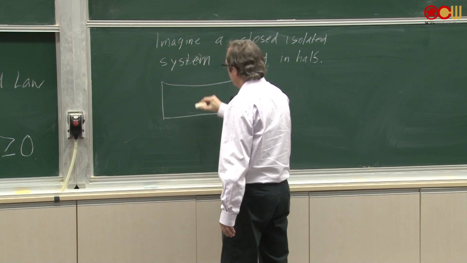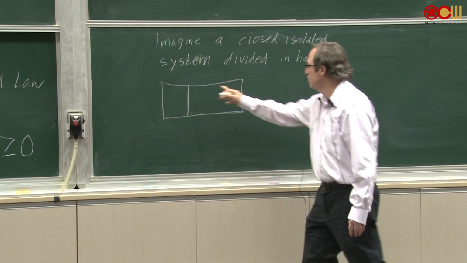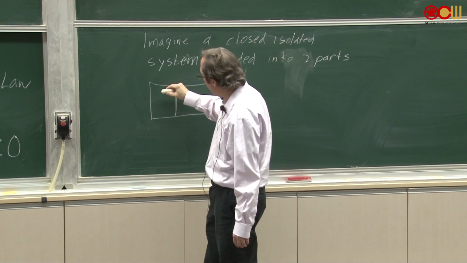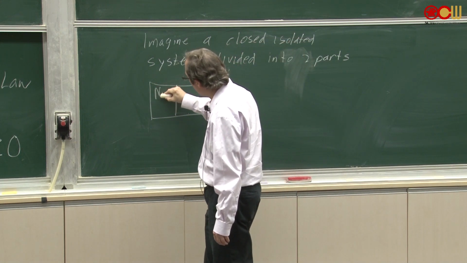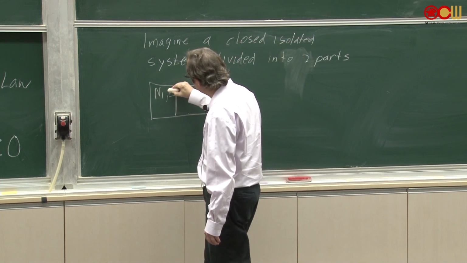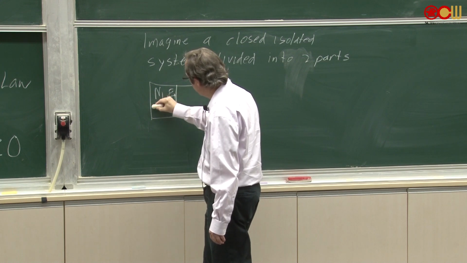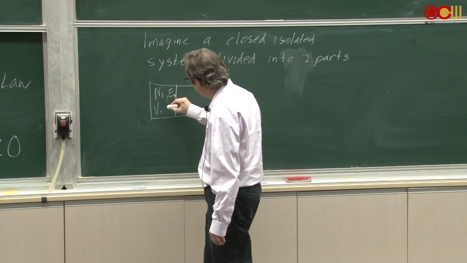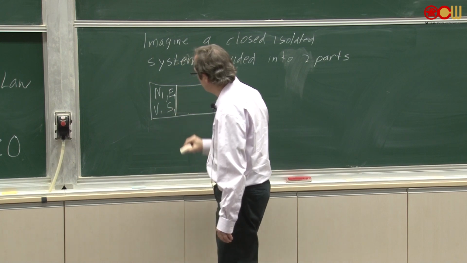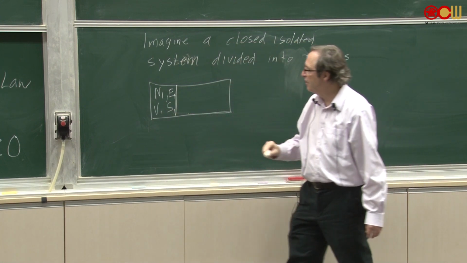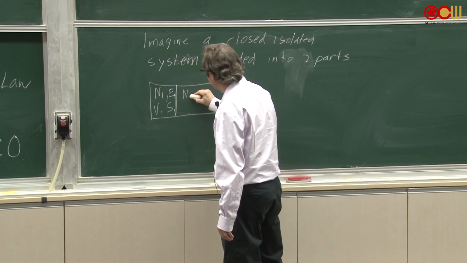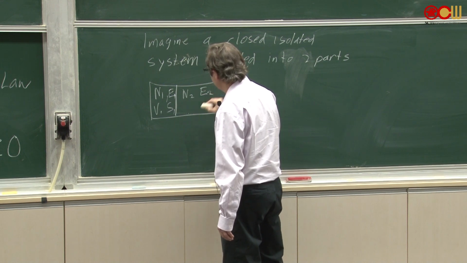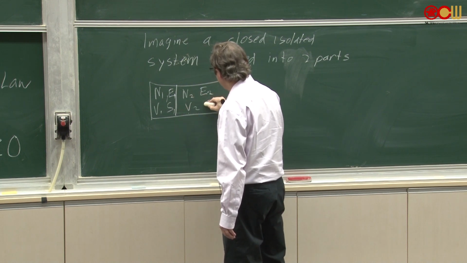And we divide it into two parts. All right, so one part has N1 particles, has an energy E1, it has a volume V1, and it has an entropy S1. The other part has N2, E2, V2, S2.